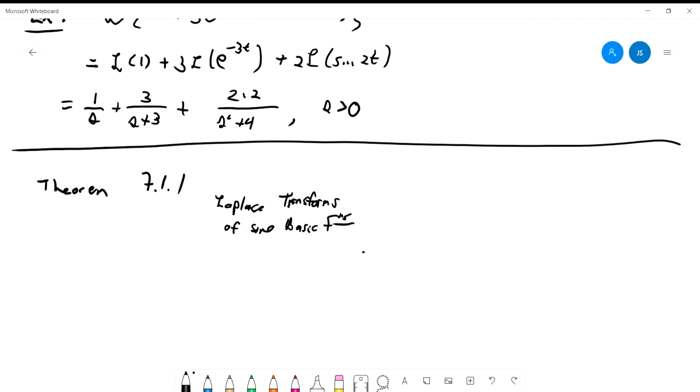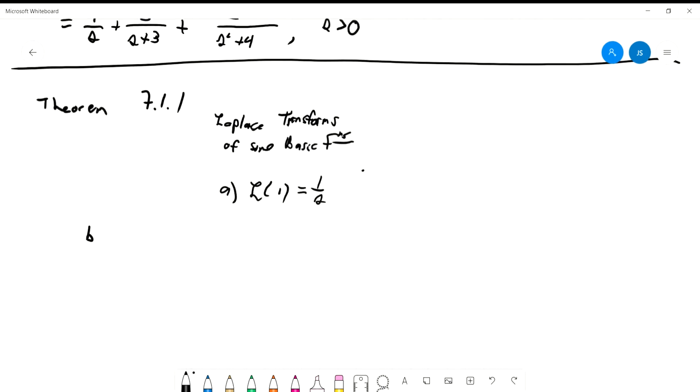First one we saw, the Laplace transform of 1 is 1 over s. This is all in your book. The Laplace transform of t to the n is n factorial over s to the n plus 1 power, and that's for any positive integer value of n.